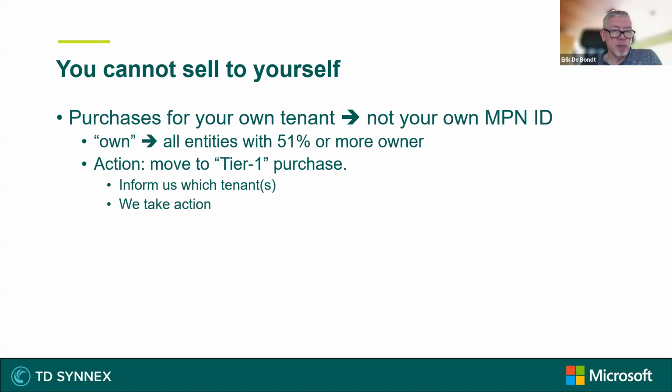You need to buy as a customer in a tier 1 program or via another partner in a tier 2, but not on your own MPN. So we're going to move those tenants to tier 1. As I said, clearly we are going to do that. Basically, what you need to do is inform us which is your own tenant, or if you're multiple, which tenants are owned by your environment, and we take action to make sure that you comply to this Microsoft rule.